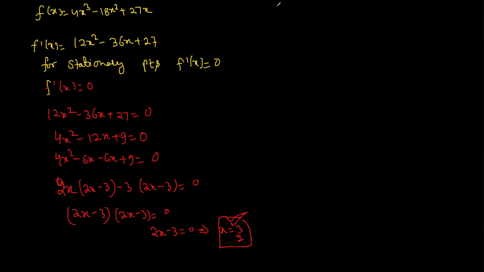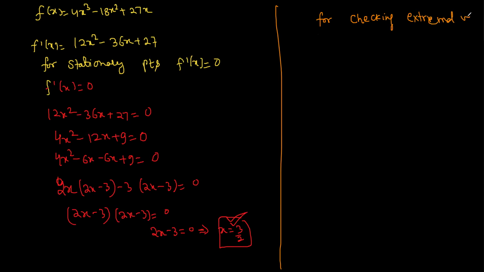So for testing, for checking minima and maxima, what will you do? You have to do second derivative. For checking extremal value, this is called extremal value. Extremal value means you are not sure that it gives minima and maxima. That's why you can say extremal. Extremal means boundary value, minimum value and maximum value. Okay.